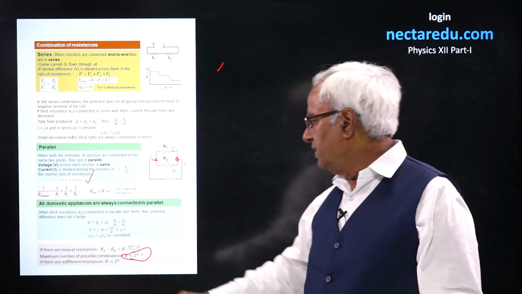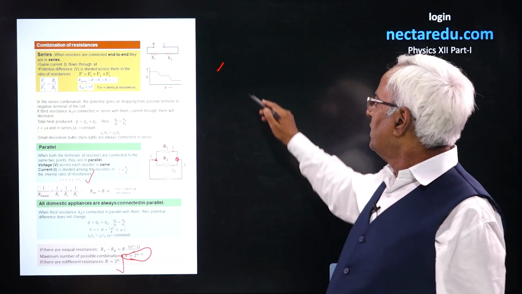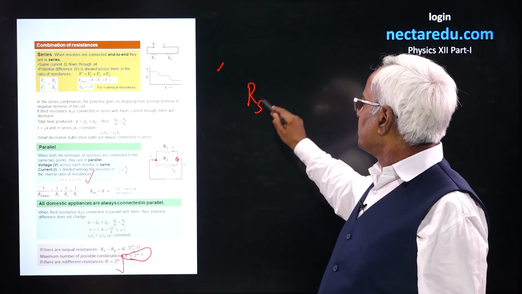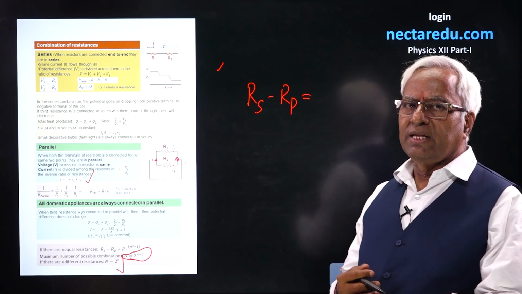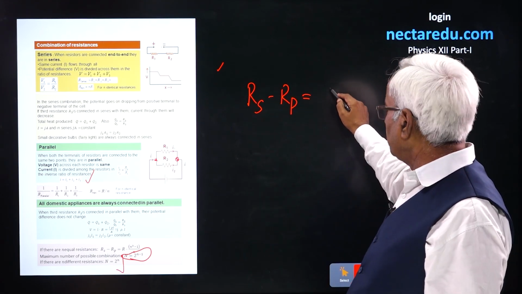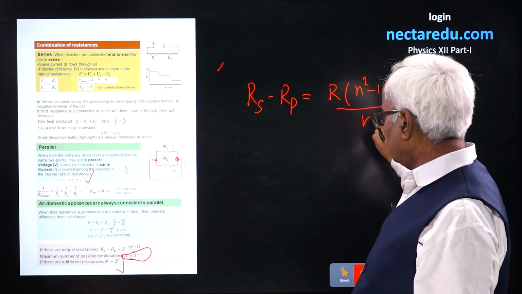And if you are having n different resistances, it's going to be 2 to the power n. Suppose you are having n resistances, and in series and parallel you connect them and find the equivalent. The difference of the two is going to be R (n square minus 1) upon n.